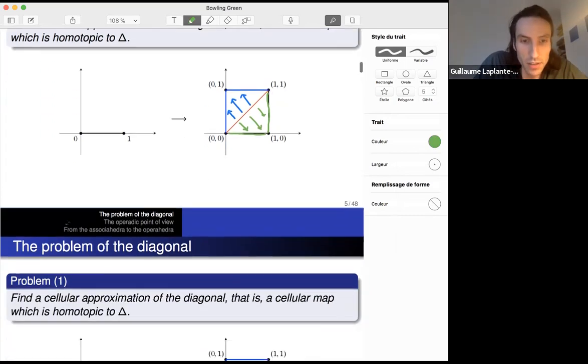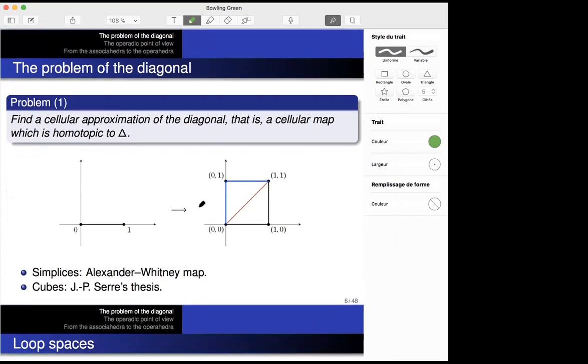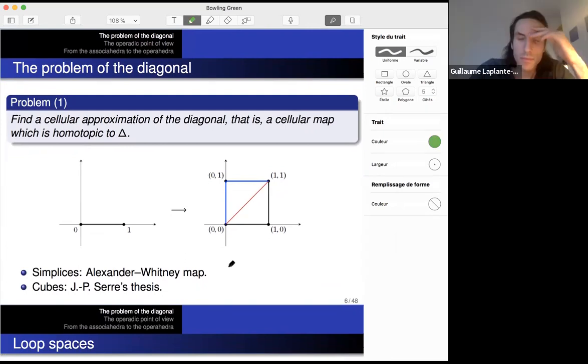Actually, this is quite important in algebraic topology, since, I guess you've heard about the Alexander-Whitney map, which is basically nothing more than a cellular approximation of the diagonal of the simplices, and it allows one to define the cup product in cohomology, which is a very basic and fundamental algebraic datum associated to a space.